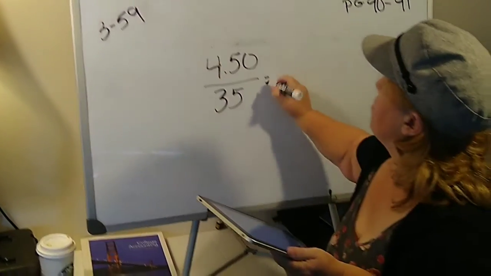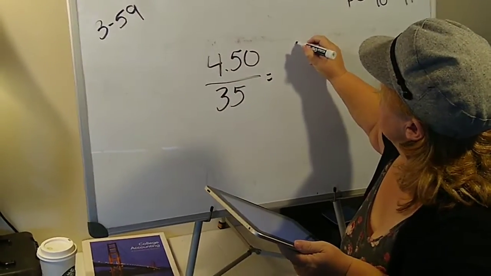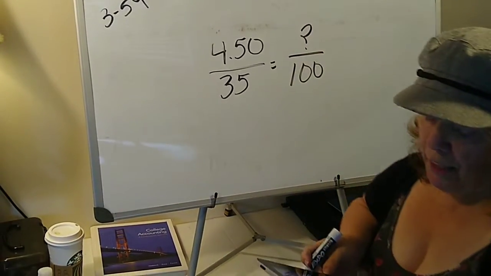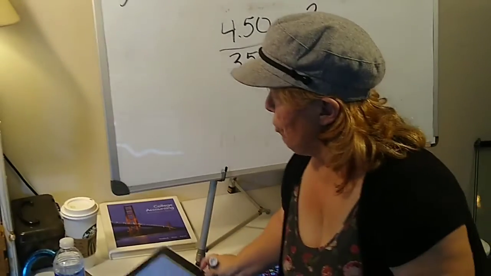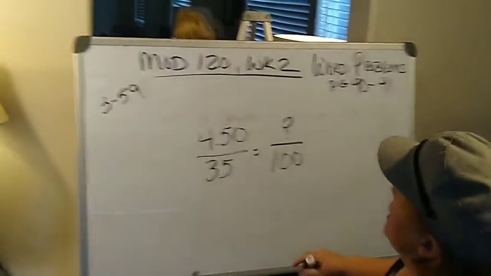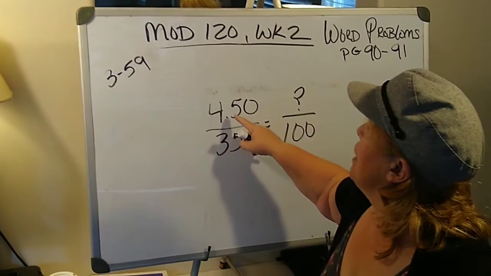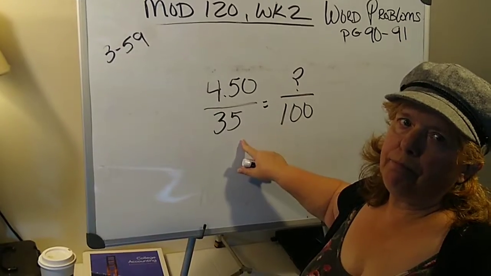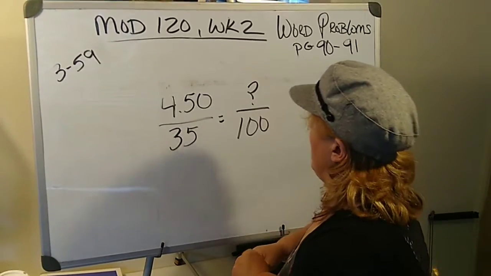Okay, what is the percent of the increase? So, first of all, before we find out what the percent of the increase is, we need to figure out what percent 4.50 is of 35. Okay? So, how do we do that?